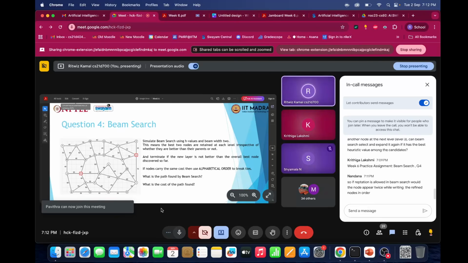Because we have already considered it once in the previous iteration, and since it was not the best, we didn't choose it. So it's unlikely that it will appear again in the next few levels. So the thing is, we don't care about repetitions, but it's also unlikely that they will appear again in the next few levels. If it does appear, it will probably follow a different path, right?